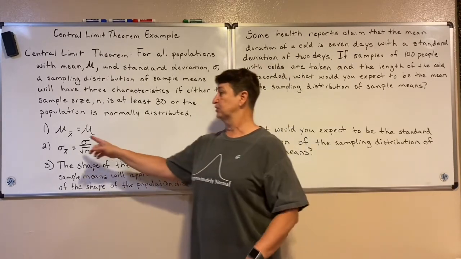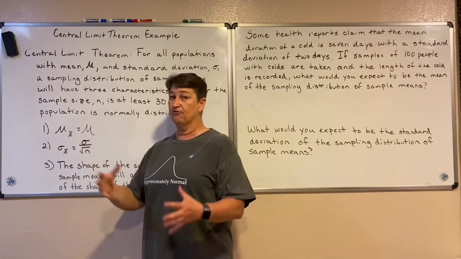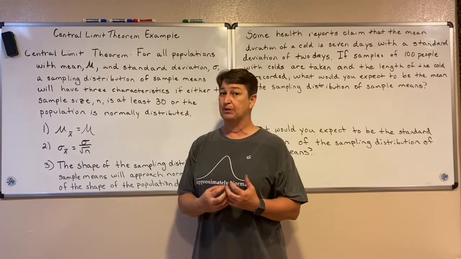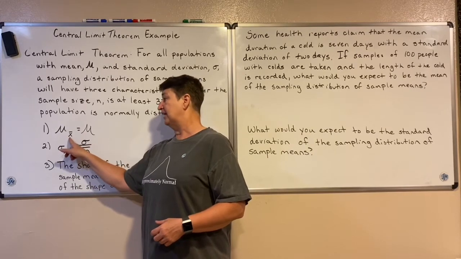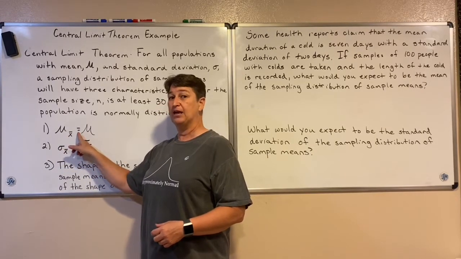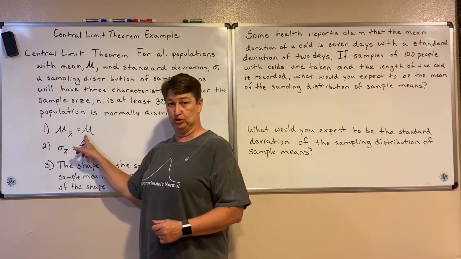The first characteristic is the mean of that new distribution, that sampling distribution of sample means: the mean of that distribution will be about the same as the mean of my population.